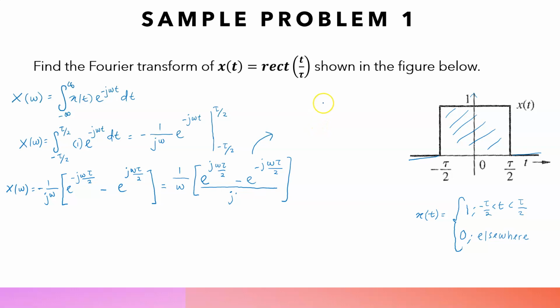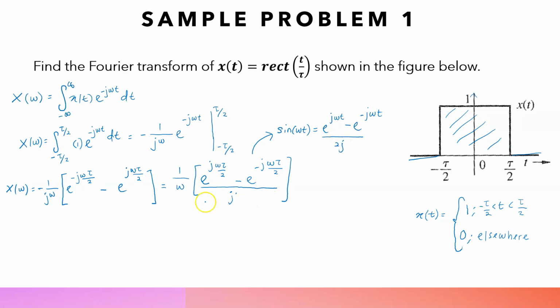If you still remember when we studied the Fourier series, I already told you that if we have sin ωt, then it is equivalent to the complex exponential signal (e^(jωt) minus e^(-jωt)) over 2j.